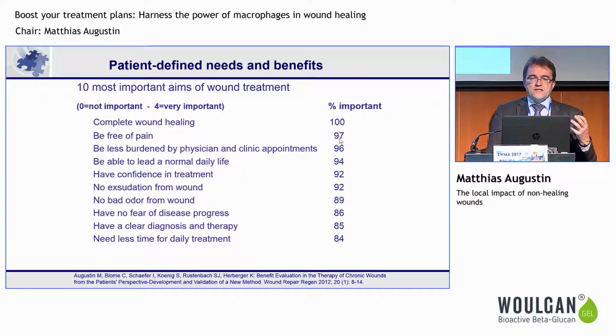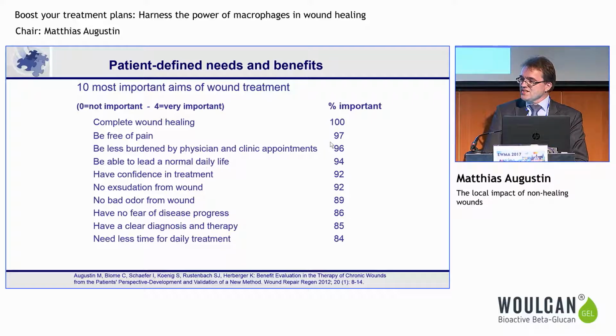Almost all patients say, yes, of course, the wound should heal, but beside this, there's a large series of other important goals like less pain, also no exudation, no bad odor from the wound, having no fear of disease progress, or being less burdened by physician and clinic appointments. Very remarkable. We always were disappointed with this answer because we thought we are needed in all cases, and the more they see us, the better.